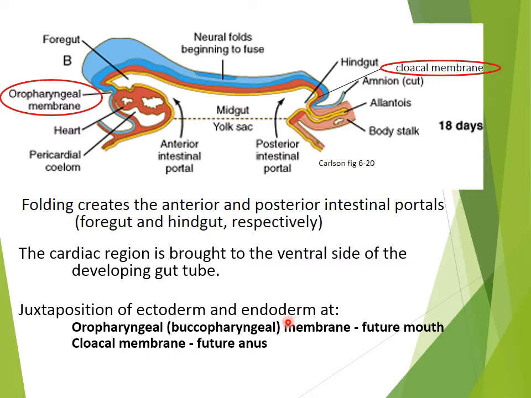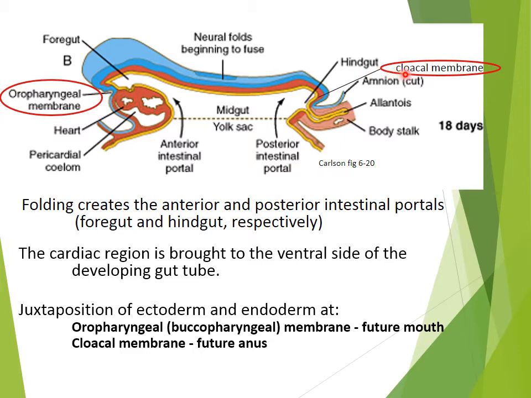So there are 2 areas during the development of the gut which are known as the juxtaposition, which is a junction of only the ectoderm and endoderm. These are number 1, the oropharyngeal membrane, also known as the buccopharyngeal membrane, and here is the development of the future mouth area.